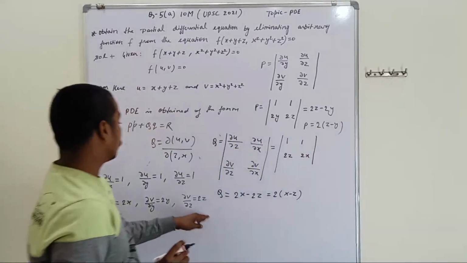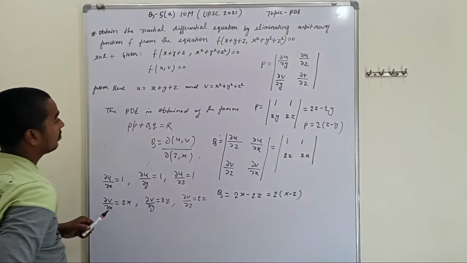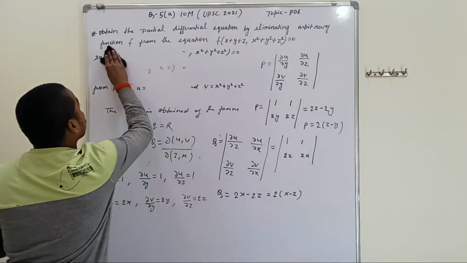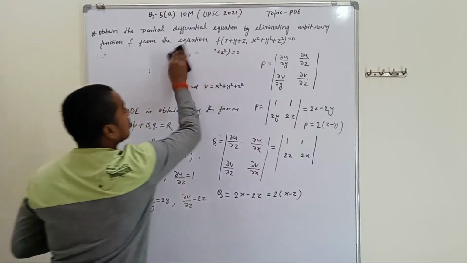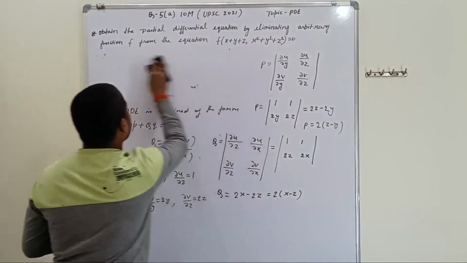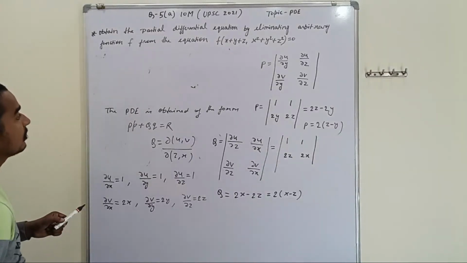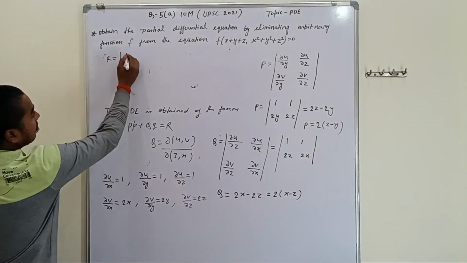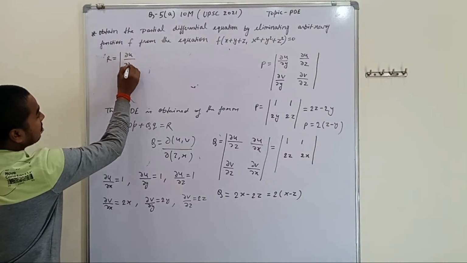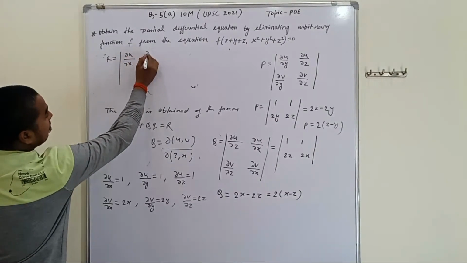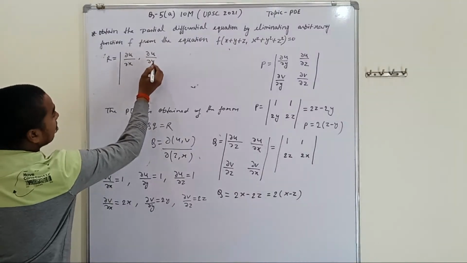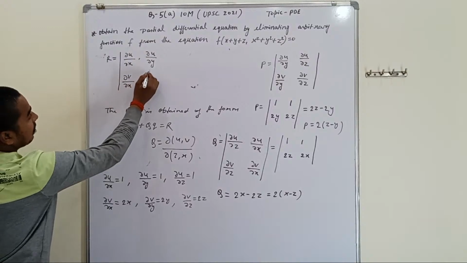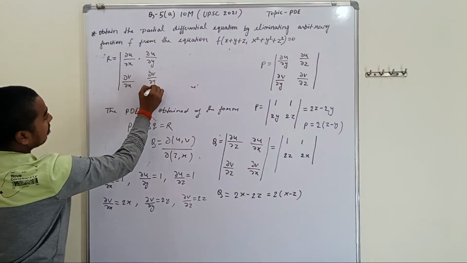Now we have to find the value of R. R is given by del u upon del x and del u upon del y over del v upon del x and del v upon del y.